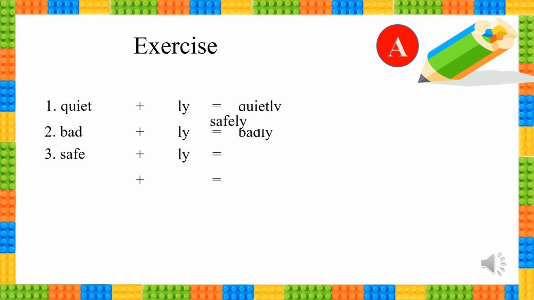The fourth word is busy. Here the root word is busy and it ends with a y. So remember the rule, children. Before adding ly, we have to change y into an i. So it becomes busily.